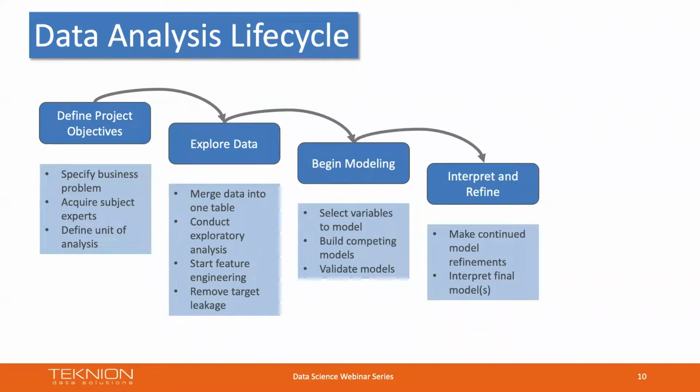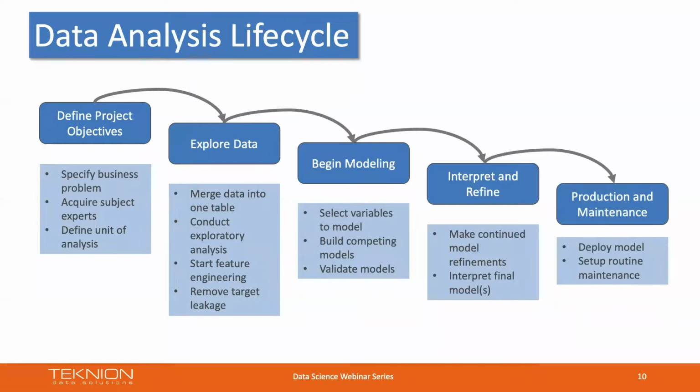We're actually going to stop here at this third one, but I wanted to show you kind of what the intent is, and then also future webinars are going to talk about this fourth and fifth strand. So the fourth is where we kind of start interpreting and refining. So we make continued refinements. We start interpreting all of the results from those models, begin to put it into production, and then finally we do production and maintenance.